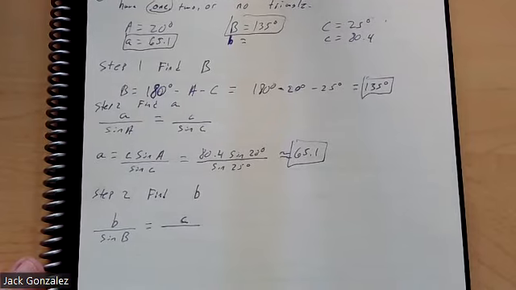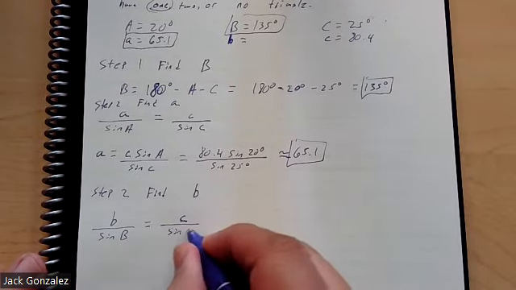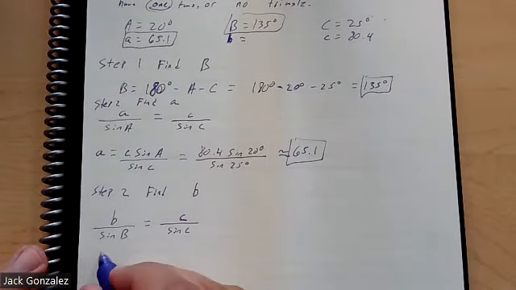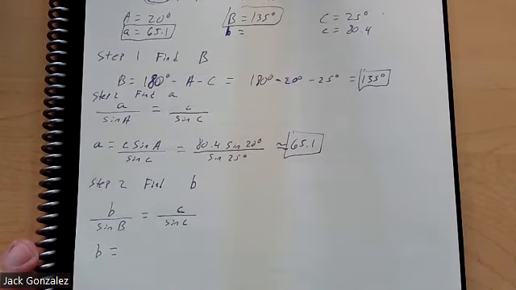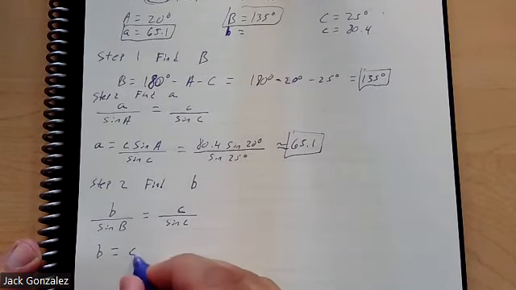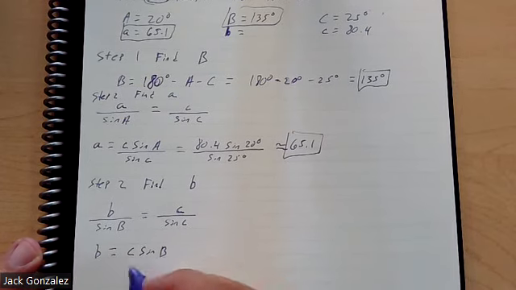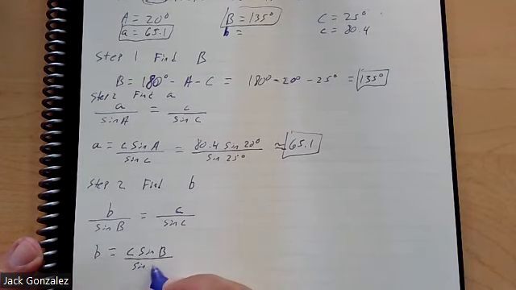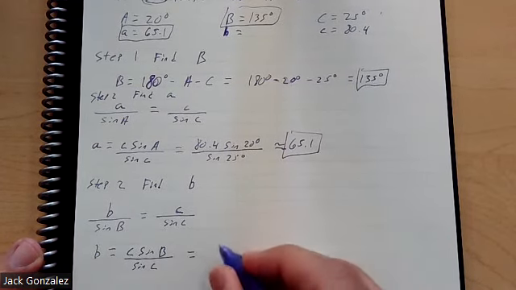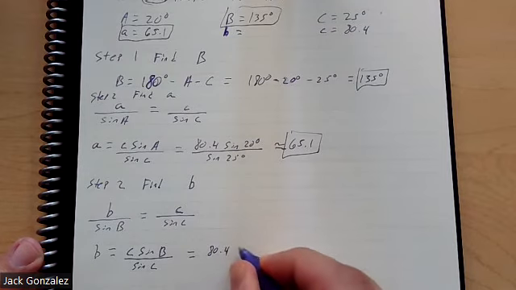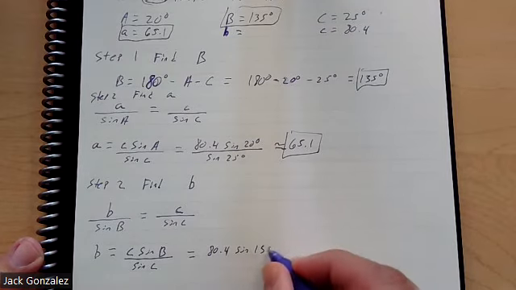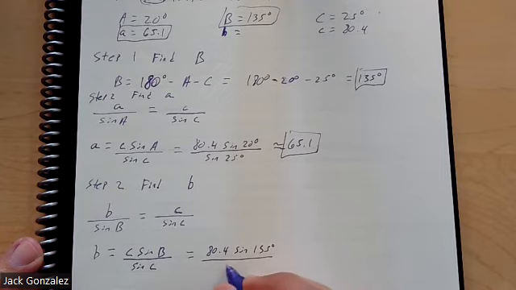So b over sine B equal to c over sine C. Solve for little b, multiply both sides by sine B. That'll get us to c sine B over sine C, which is 80.4 sine of 135 over sine 25.